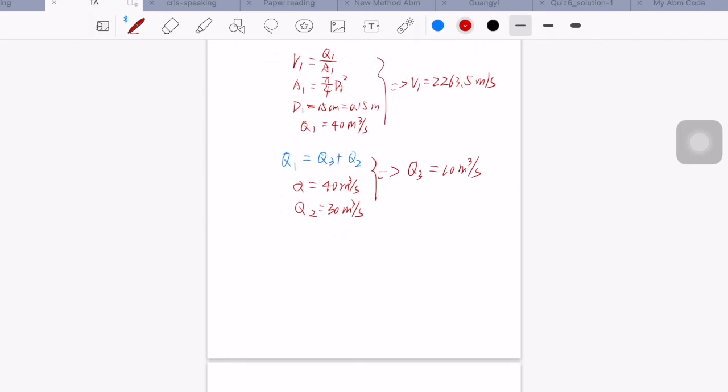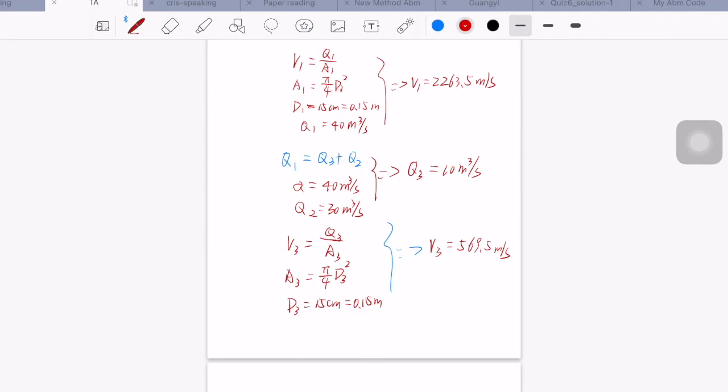And now we can calculate the v3, and the v3 should be equal to the Q3 over the A3, and A3 equals pi over 4 times D3 square, and we know that D3 is 50 centimeter, 0.15 meters, and we can get that v3 is 569.5 meters per second.